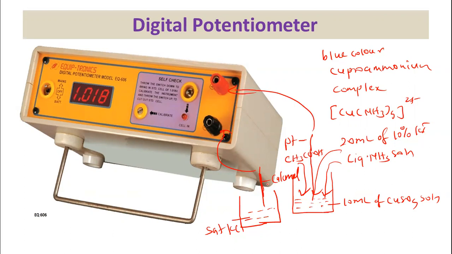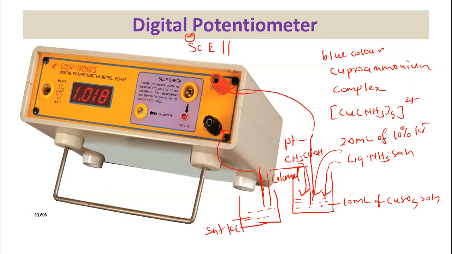And later on, dip the salt bridge. The salt bridge makes the electrical contact between the two electrolytes. So this is the construction of the cell, and it can be represented in this way. The saturated calomel electrode is on the left hand side, connected to the negative terminal of the potentiometer.